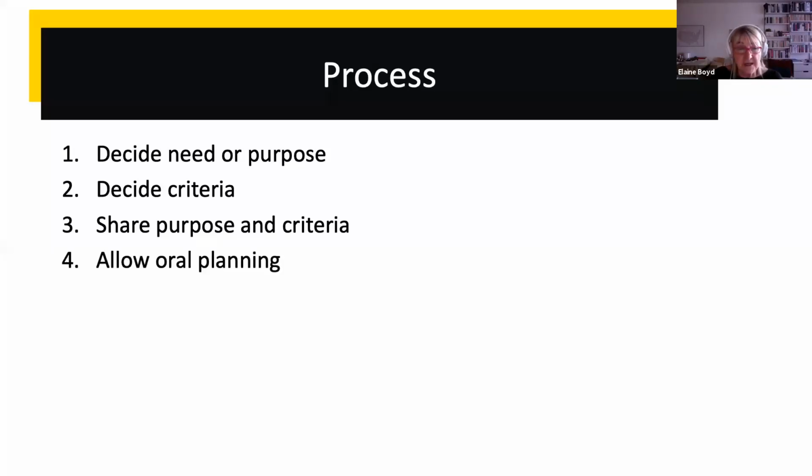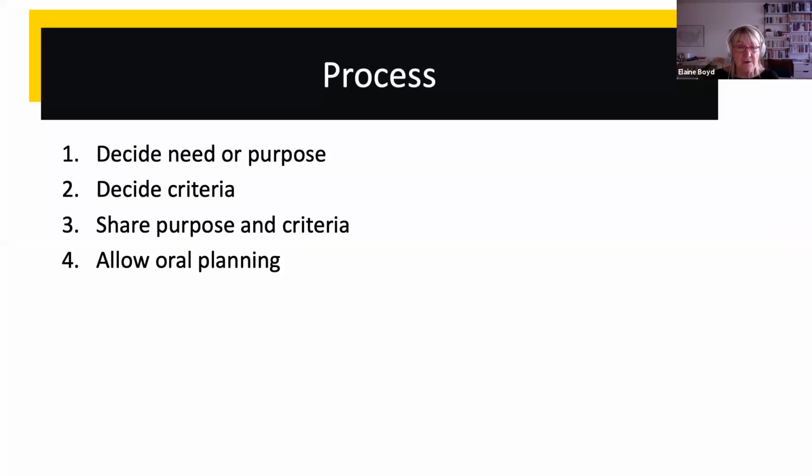The next thing before any writing task, I know you all know this, is very important: allow oral planning. Young learners are oral before they do writing, so we have to give them plenty of time to speak around what they're going to do, what they want to do, what their plan is.